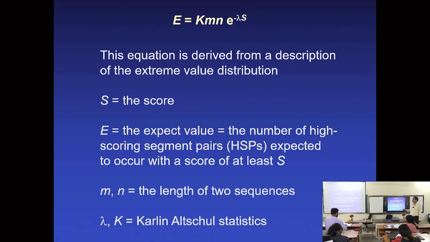As you can see, if S becomes very large, if the score is very large, then E would be 0, or very low. So as S becomes larger, E becomes lower.